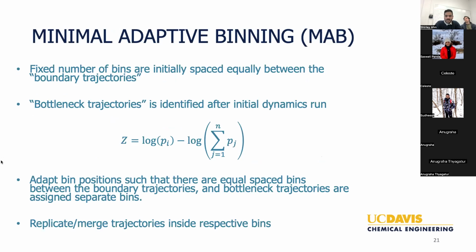One of the binning schemes which has been highly successful is the minimal adaptive binning scheme, abbreviated as MAB, where there is initially a fixed number of bins spaced equally between the boundary trajectories.